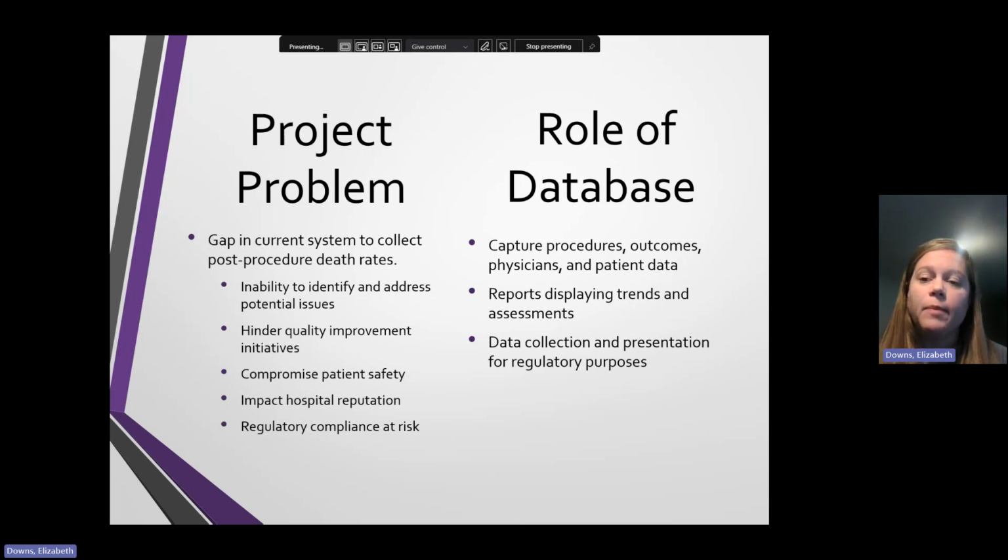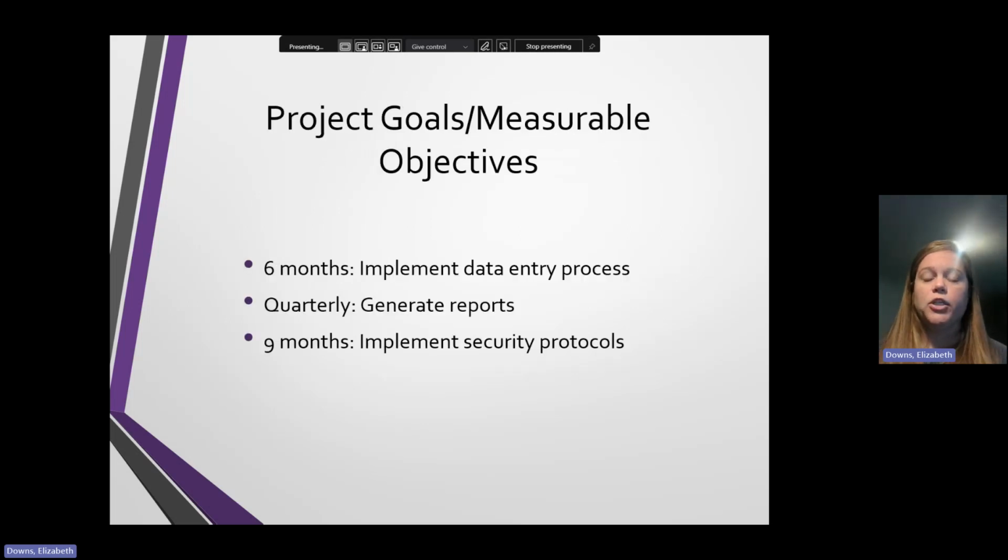The development of a comprehensive database will enhance efficiency in collecting, compiling, and reporting clinical data. The system aims to fill the existing gap, providing healthcare professionals with a robust tool to streamline the management of post-procedure death rate data. Ultimately, the project seeks to contribute to improved patient care by offering a more effective means of monitoring and analyzing clinical information.